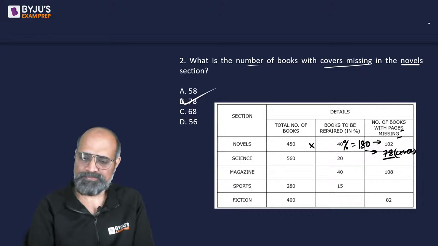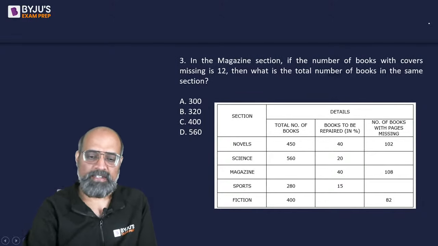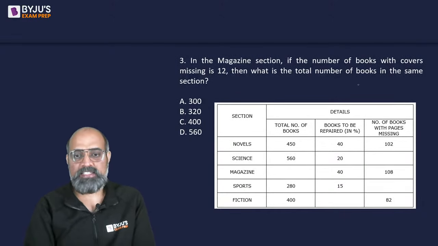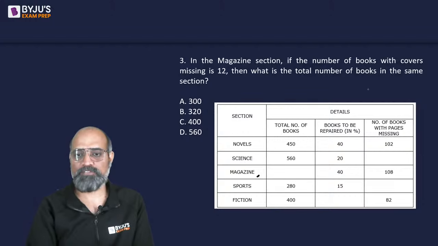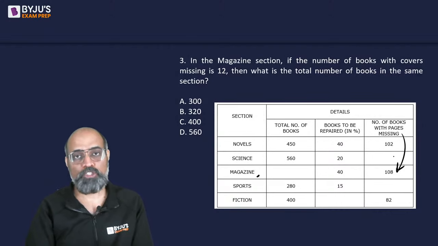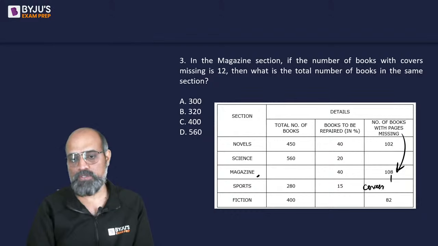Pretty easy. Next one, in the magazine section, that is the third one, if the number of books with covers missing is 12. So books with pages missing is 108 and covers missing is 12. So that means this is a total of 120.